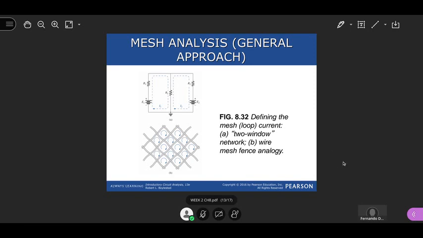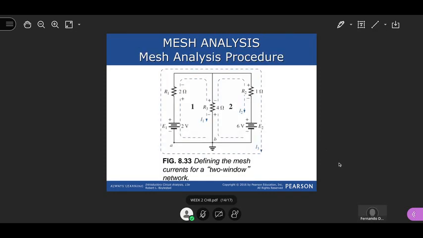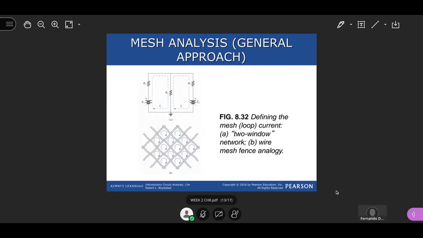As long as you assign the correct polarity to the voltage across. For example, here we will assign two loop currents, all clockwise. When I personally do an exercise, I don't have a specific direction.